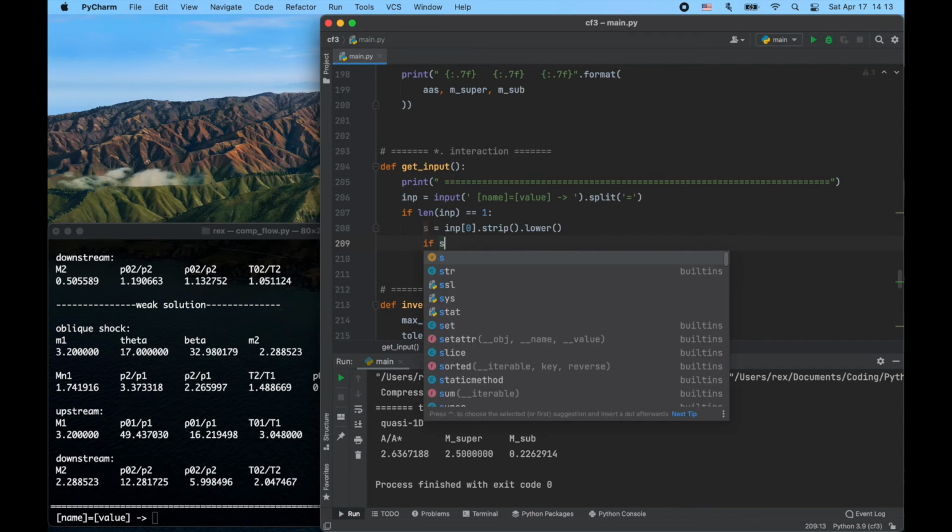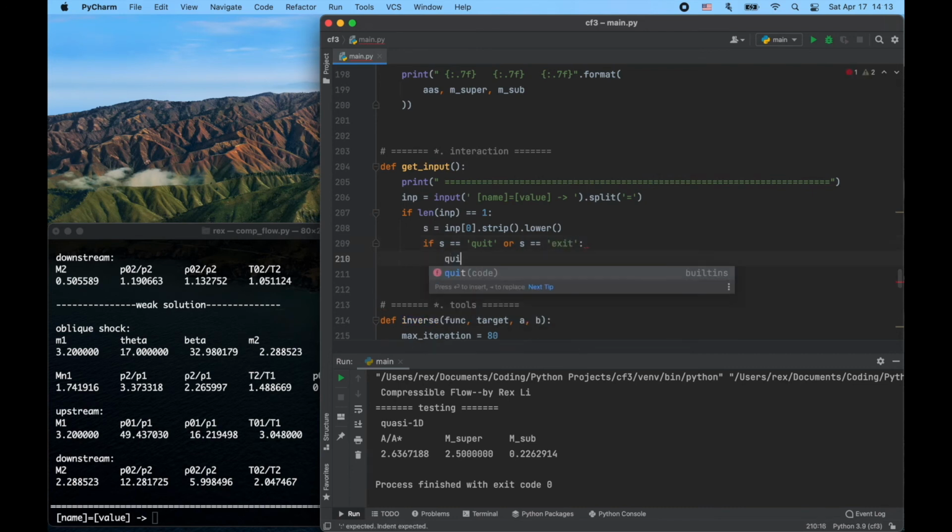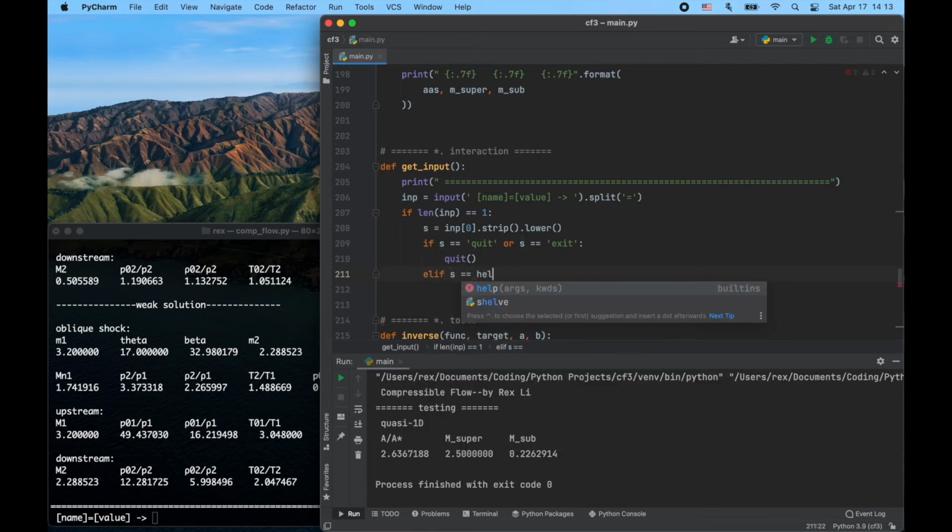Else, if s is help, or for convenience, we just type a question mark, then we will print a help message. We will define it later, but we will just write it here.